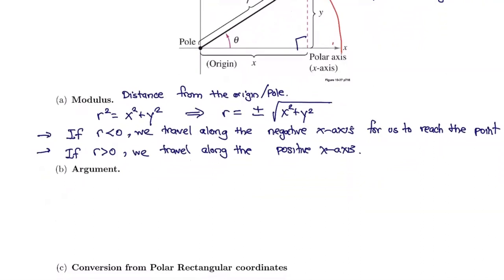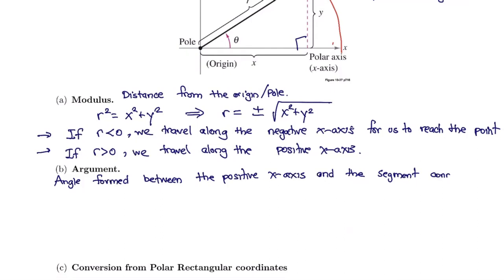The argument is the angle formed between the positive x-axis and the segment connecting the point and the pole or origin.